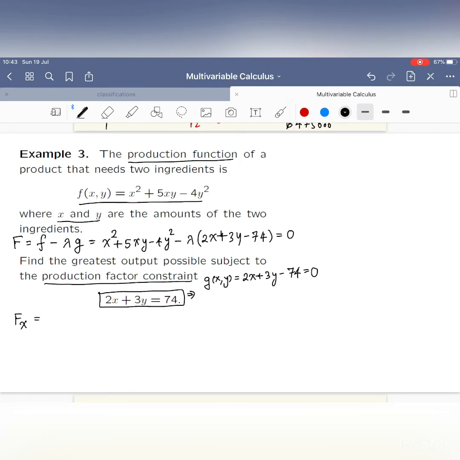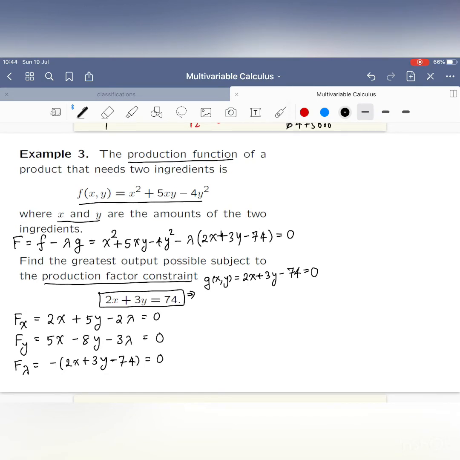To find the critical point using the Lagrange multiplier, you need to find capital F sub x, which is 2x plus 5y minus 2 lambda, let it equal 0. Your capital F sub y is 5x plus 8y minus 3 lambda, let it equal 0. And of course capital F sub lambda will be the same as your constraint with a negative sign, make it equal 0.